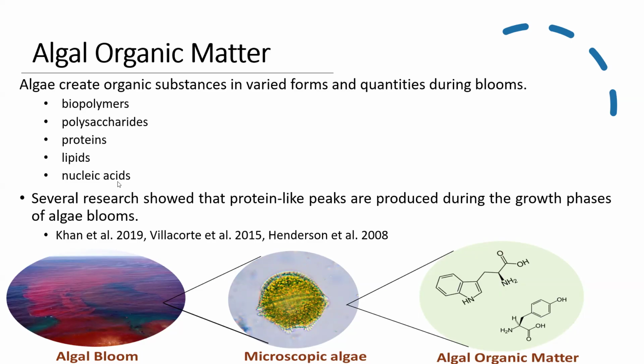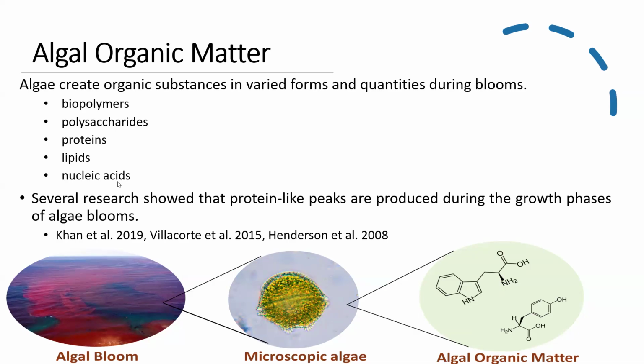Algal organic matter is comprised of a heterogeneous mixture of dissolved organic molecules, such as biopolymers, proteins, polysaccharides, lipids, and nucleic acid. Furthermore, during bloom events, there is a simultaneous increase of dissolved organic carbon and cell concentration associated with the release of algal organic matter, which can aid in algal monitoring.